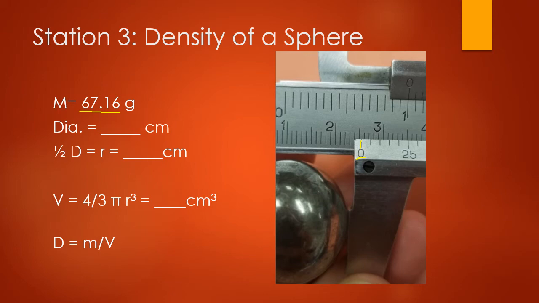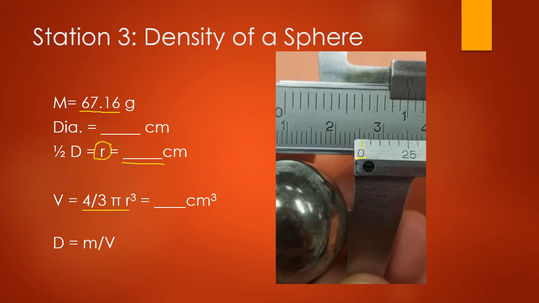Once you have your diameter, you then divide your diameter by 2 to get your radius. So the radius is a calculation based off your diameter measurement. The reason we need the radius is because you'll see the equation to solve for volume of a sphere is 4/3 pi r cubed.